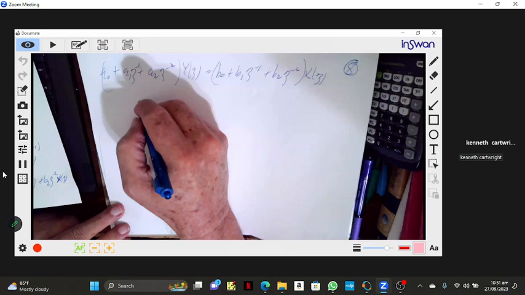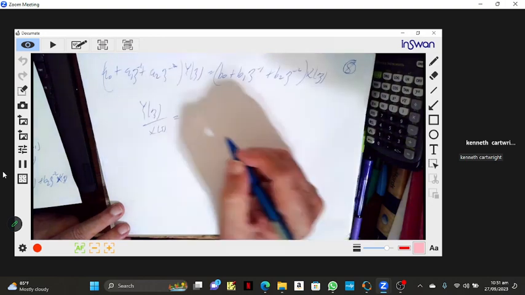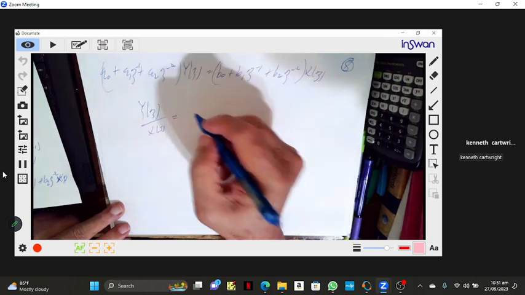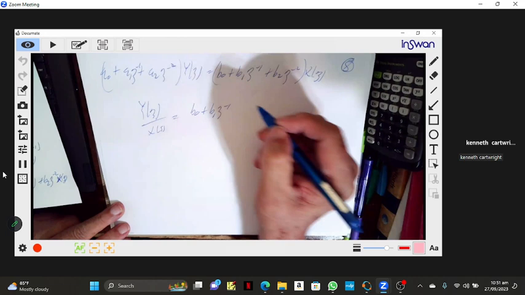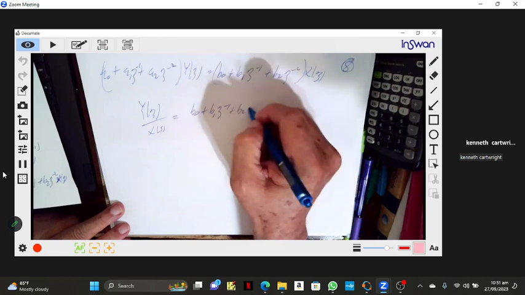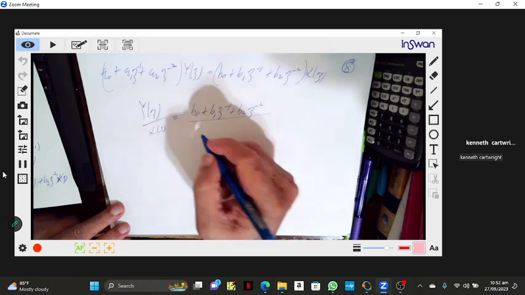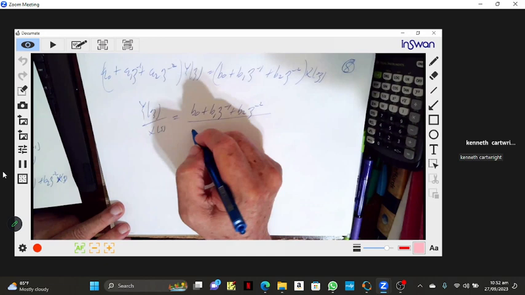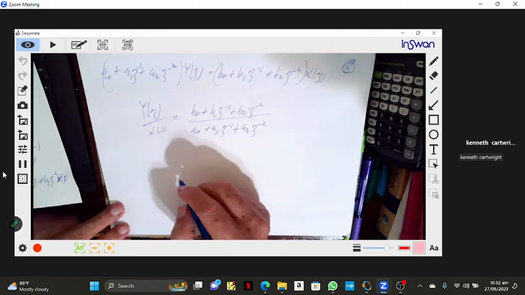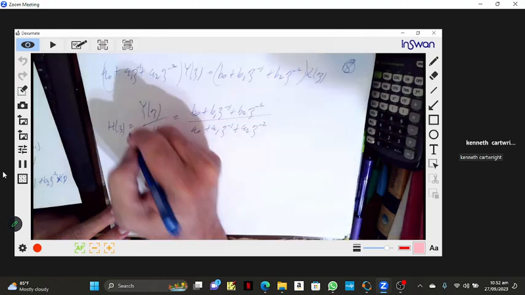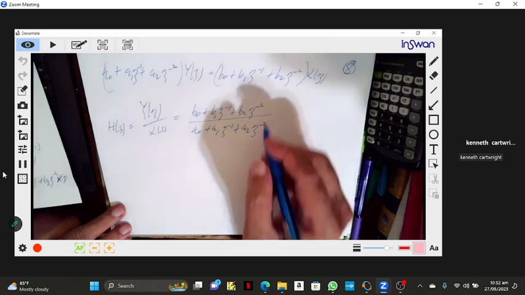Or Y of z over X of z is b0 plus b1 z to the negative 1 plus b2 z to the negative 2 over a0 plus a1 z to the negative 1 plus a2 z to the negative 2. That's the transfer function. And we can multiply top and bottom by z squared.